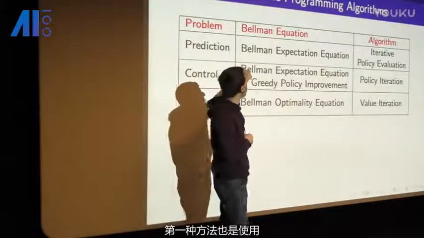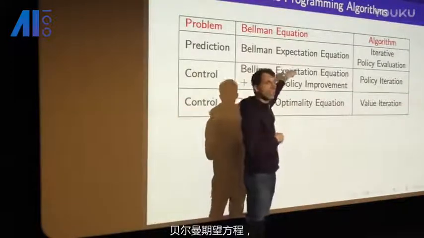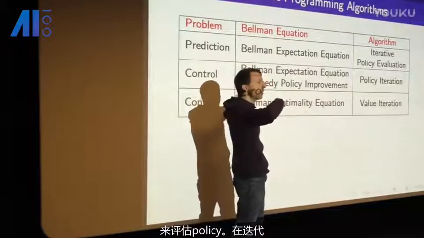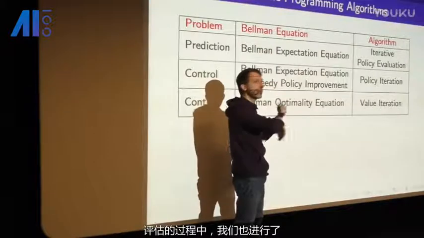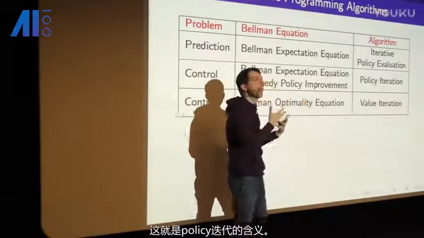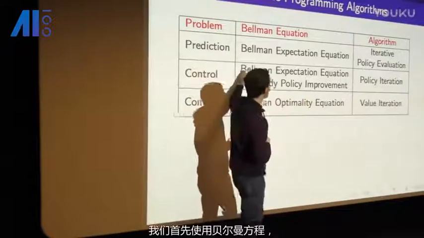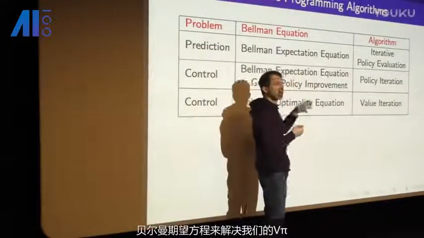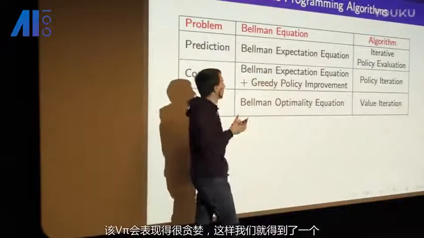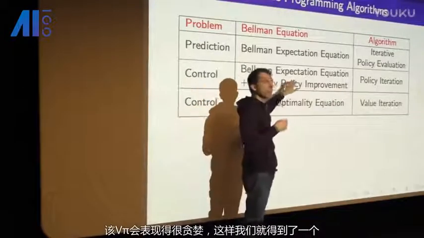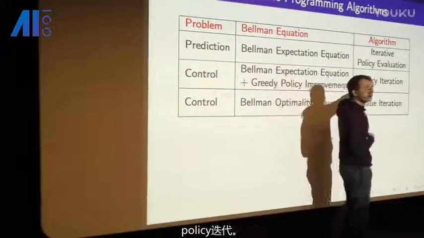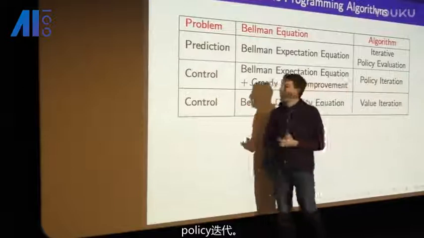The first approach was to again iterate the Bellman expectation equation to evaluate your policy, but then to alternate that evaluation with policy improvement. So we first use the Bellman expectation equation to solve for V pi, and then we act greedily with respect to V pi to give us a new pi. We alternated that process, and that gave us the policy iteration algorithm.